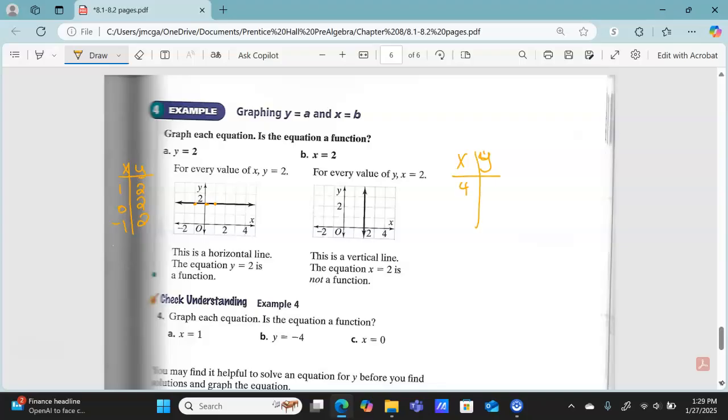Well, x is always 4, no matter what y is. Y could be 1 or 3 or -1. So here I have 4, 1, 4, 3, 4, -1, and I have a vertical line at x equals 4. So x equals lines are vertical lines. Y equal lines are horizontal lines.